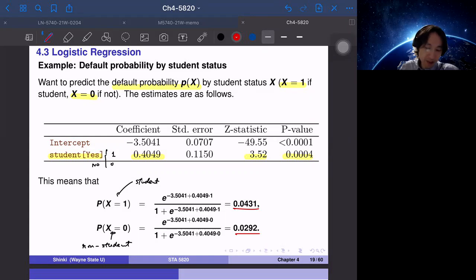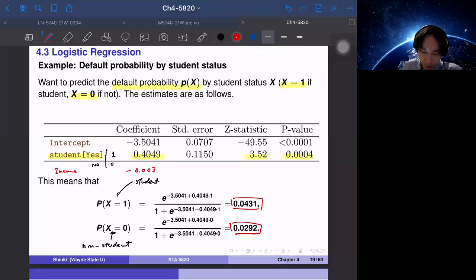But if we have another variable, for example another continuous variable, the interpretation is more difficult. For example, the income variable with a coefficient of maybe negative 0.003 or something. Then we have to set a baseline income, otherwise we cannot calculate the direct probability.